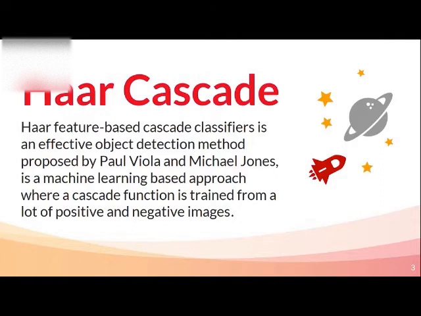The difference between Haar Cascade and LBP or HOG is that LBP and HOG are faster in training as well as detection of the object, but the main drawback is they are not as accurate as Haar Cascade. Haar Cascade detection and training is a little bit slower than LBP and HOG, but it is more accurate. So Haar Cascade is used.